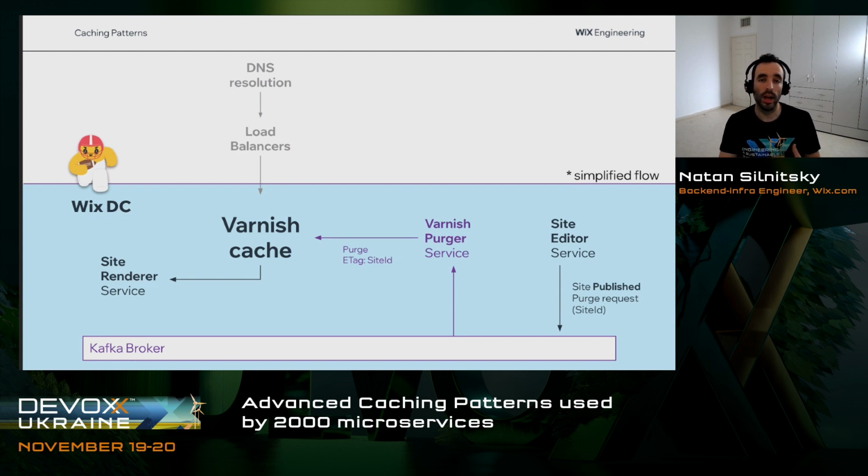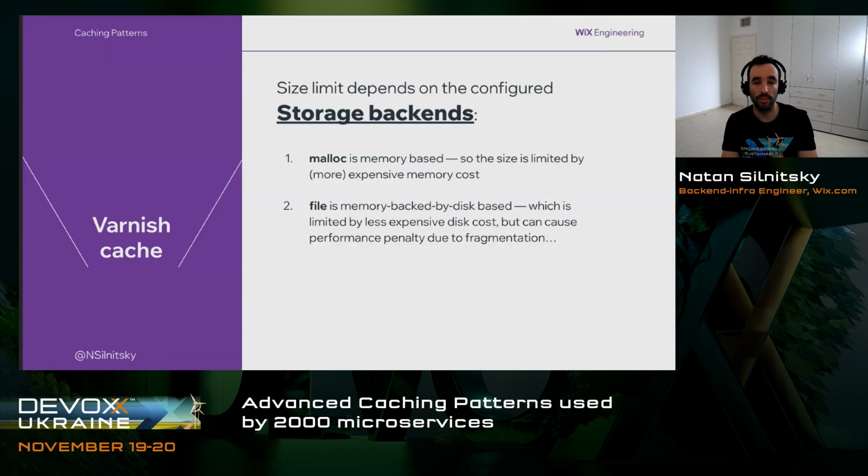So now, the first time that someone accesses this site, there will be a cache miss, and the new site version will be rendered and put into the cache. So it's really important that we make sure that all flows that have some responsibility for what is rendered on specific site versions, all of them have to send out published purge requests.